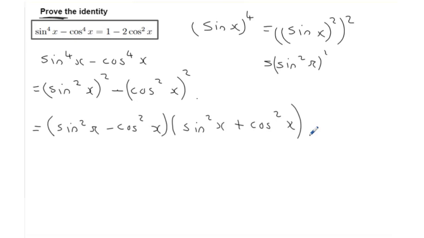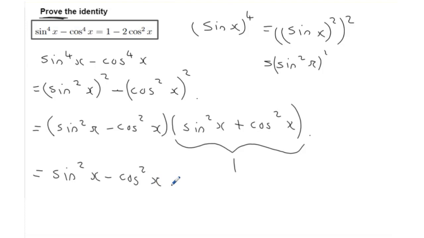We know that this is just 1. Remember, it's the Pythagorean identity, the most important, most common trigonometric identity. So this ends up just being equal to sine squared x minus cos squared x.